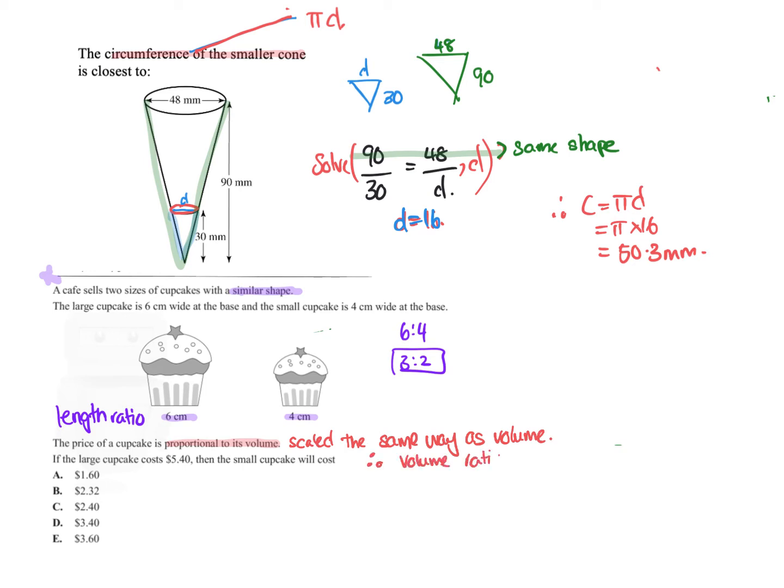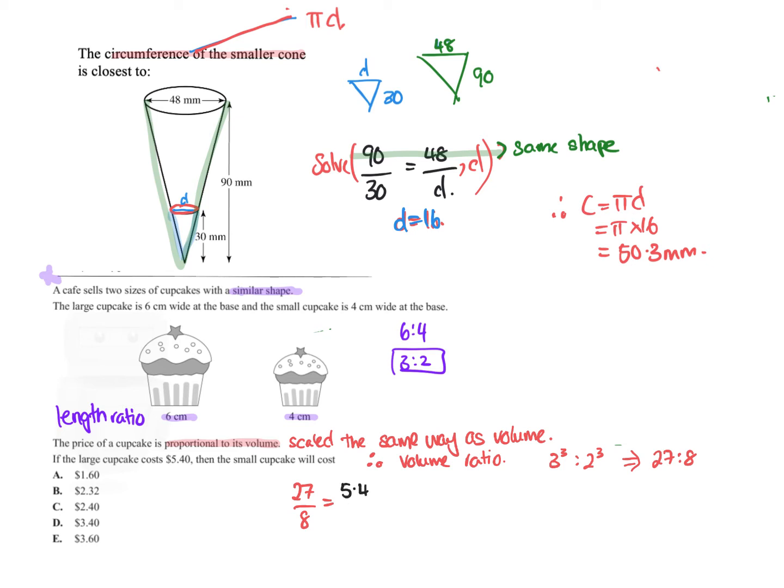Okay, so if we want to find the volume ratio, it would be the length ratio cubed, which ends up being 27 to 8. So then you can use that. So you can say 27 over 8 must equal the same as if you divided the prices. So that's what we say when it's proportional.